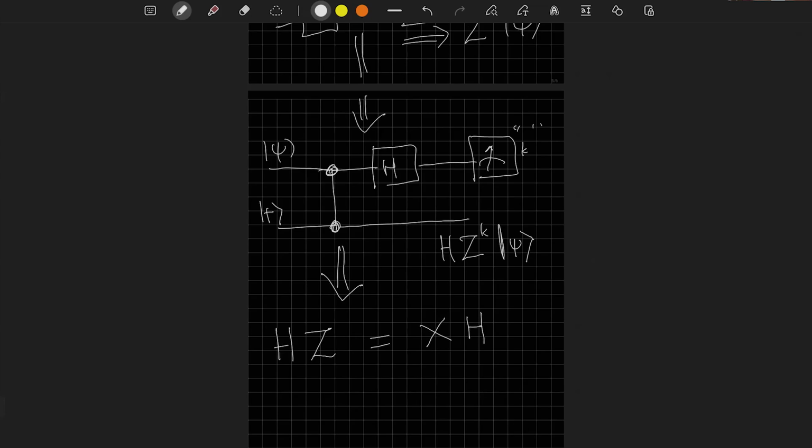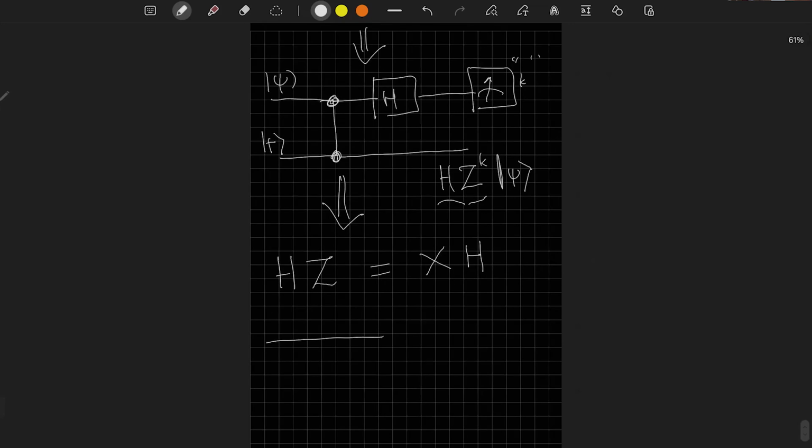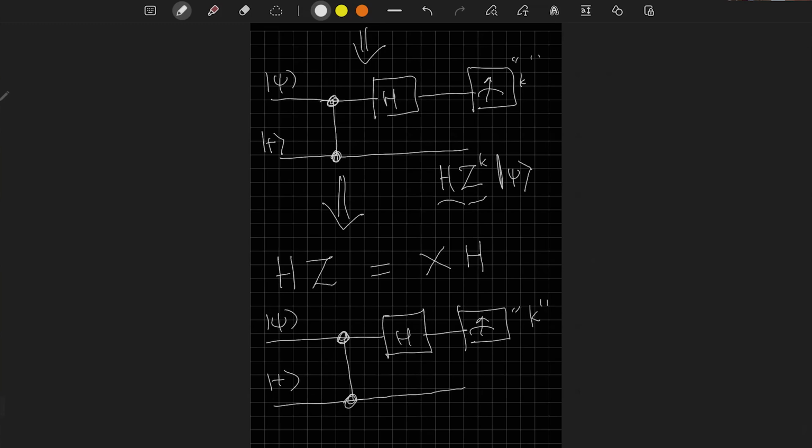So what I could now do is replace this HZK with an XKH. This cycle becomes the following: control phase, Hadamard gate, measurement, and this HZK I can write as XKH.